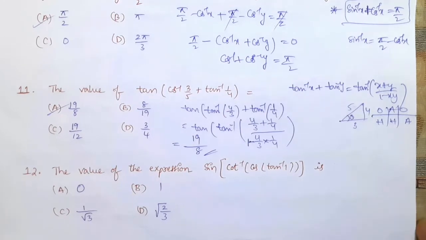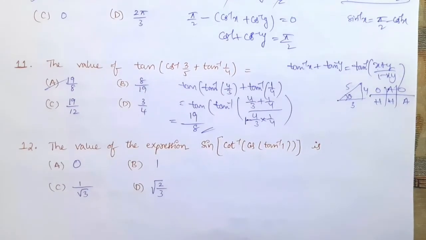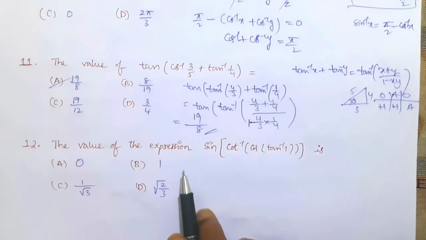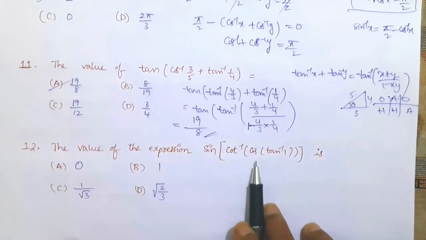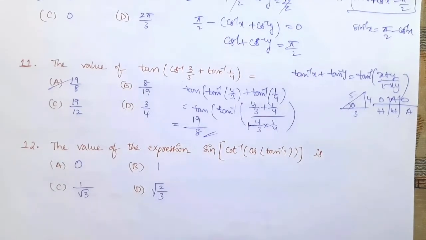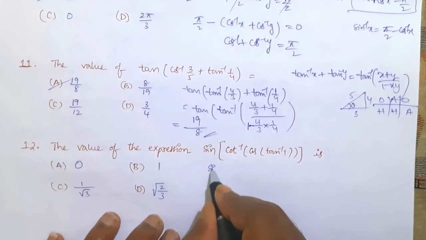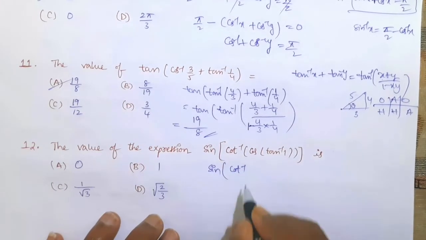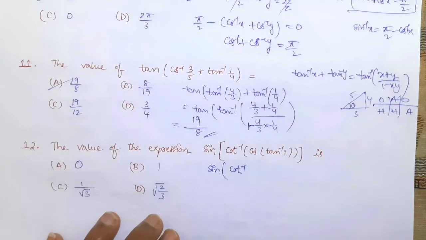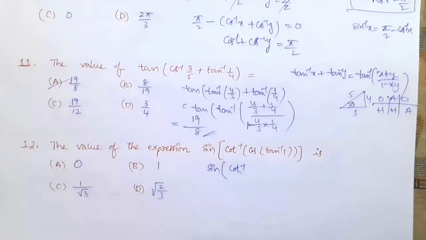Okay. Next, question number 12. The value of the expression sin of cot inverse of cos of tan inverse 1 is, okay, the value of this expression. So we need to simplify this question. First sin of cot inverse of cos, these are different functions, but no need to think about whether it is difficult or not.